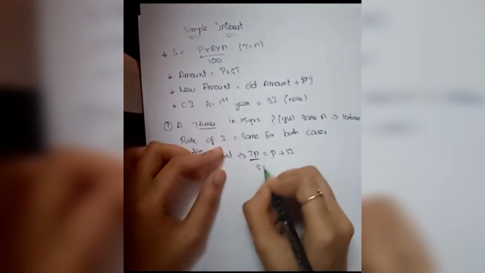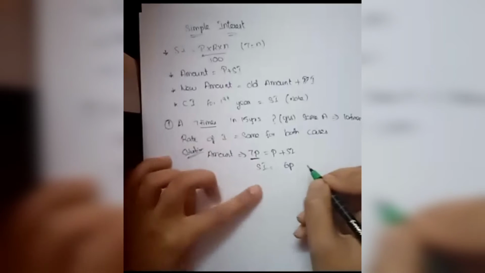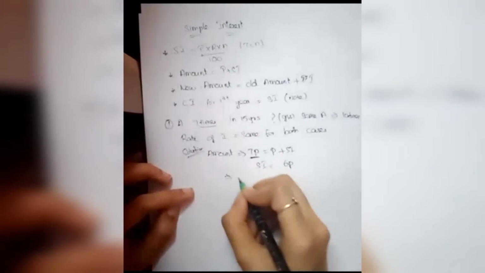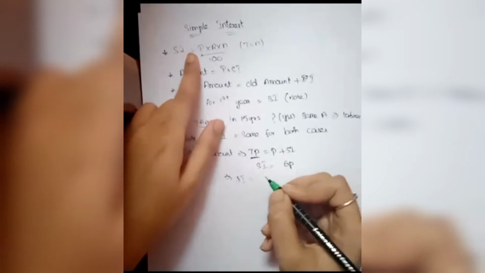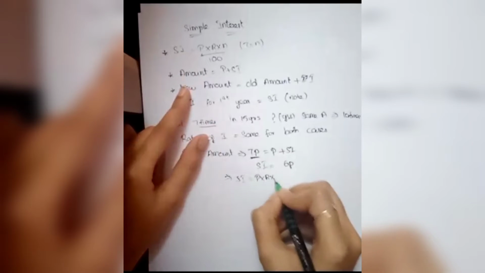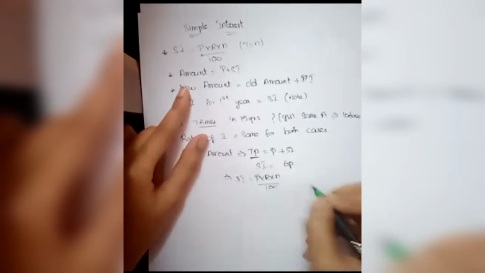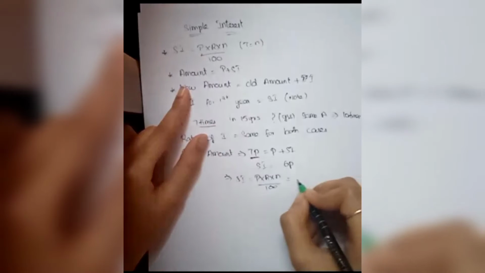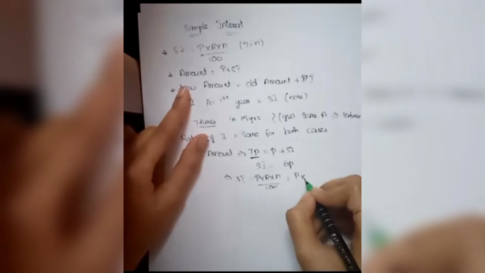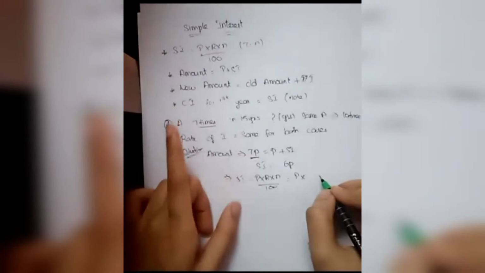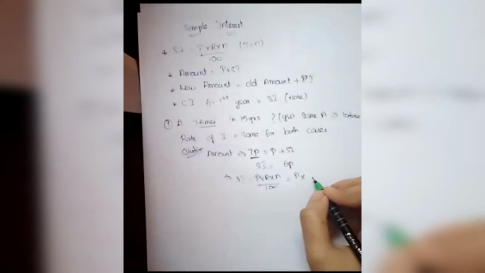So SI equals 6P. Now, we can calculate SI using the formula P into R into N by 100. Can anyone say the N value here?